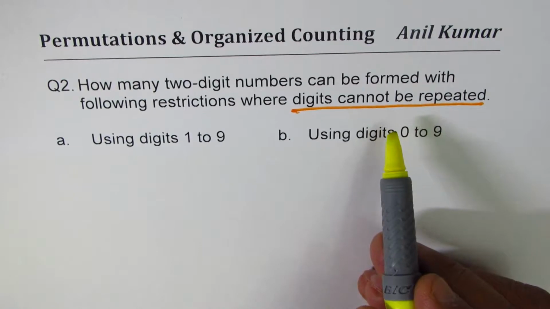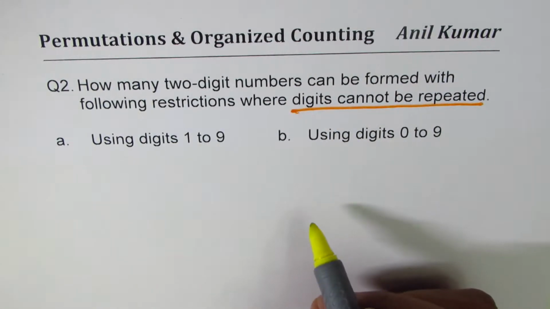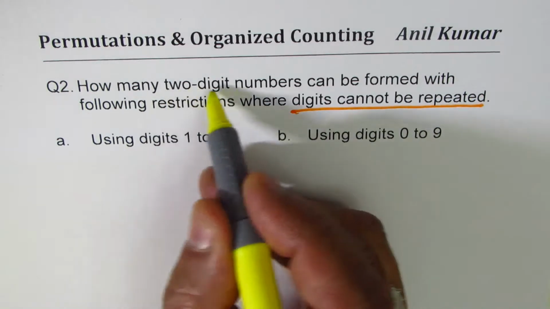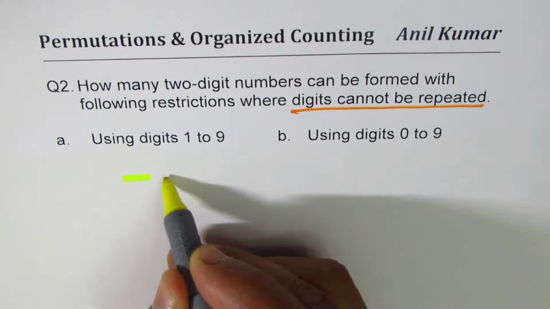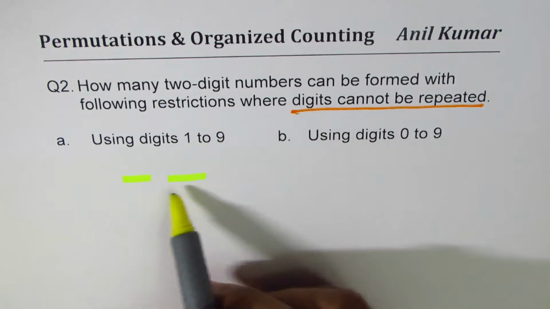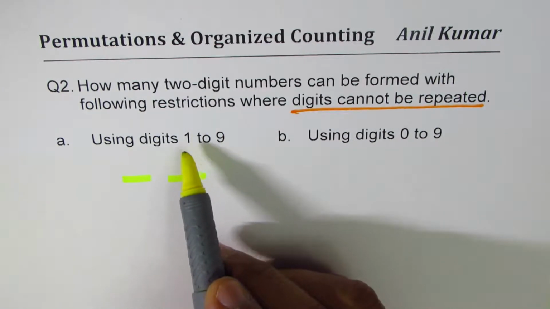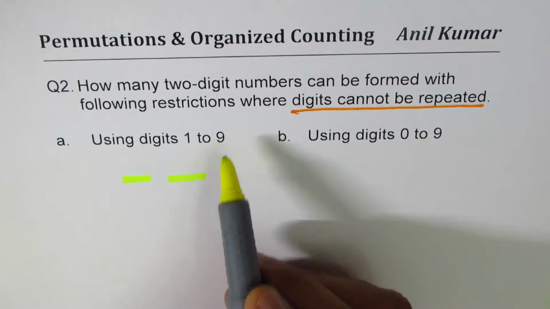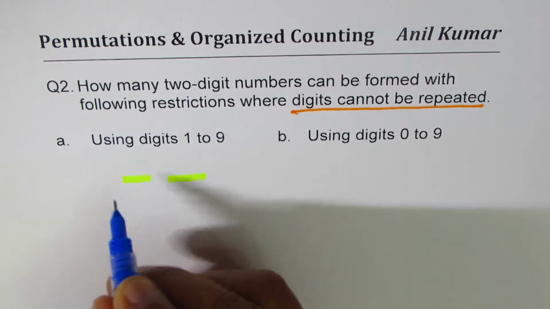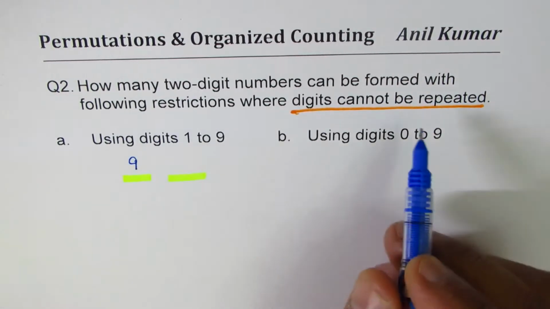Let me begin with the simple counting principle, the fundamental counting principle. We have two places, ones and tens. We have to form two-digit numbers from the numbers 1, 2, 3, 4, 5, 6, 7, 8, 9. So we have 9 numbers in all. The tens place can be filled by 9 numbers.